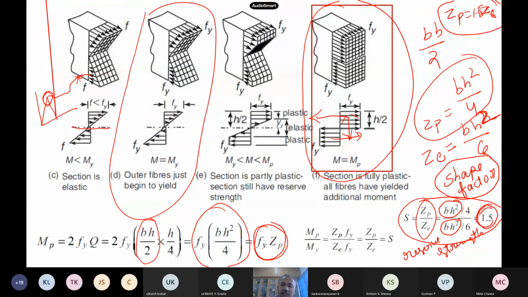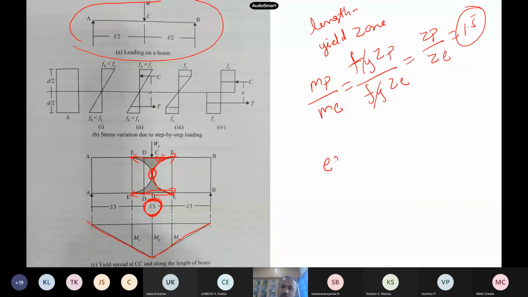But when doing plastic design, the whole section has got plastified, and the compressive force and the tensile force both have to be the same. So C should be the same as T itself. This plastic axis is also known as the equal area axis. Plastic axis means it is not where stress is zero, but where the area is the same on the top and the bottom.